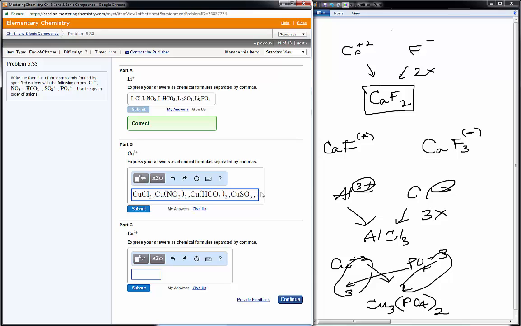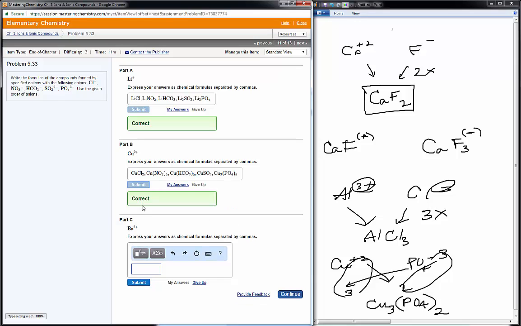So Cu3(PO4)2 is what's going to do it. Just like that.